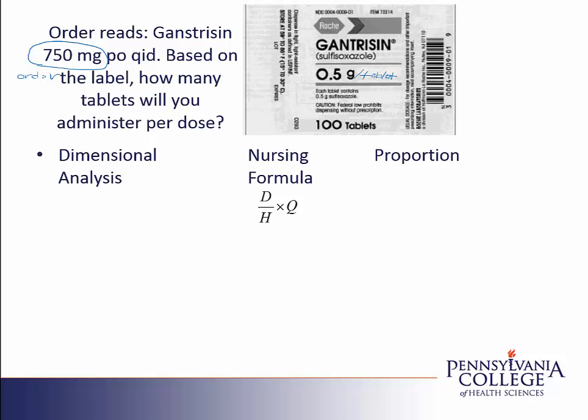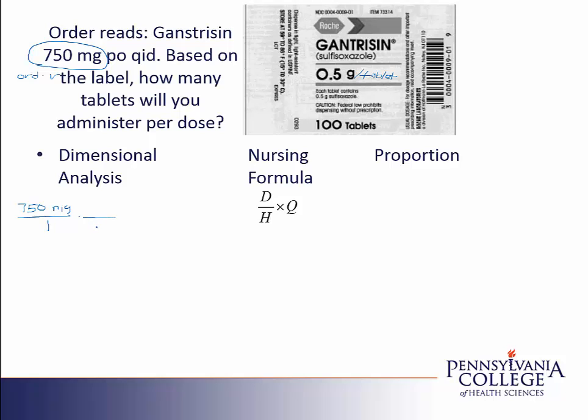The first approach that we'll use is the dimensional analysis approach. We'll start with the order of 750 milligrams and place it over 1. Next, we'll use the strength of the medication. In this medication, we have 0.5 grams.